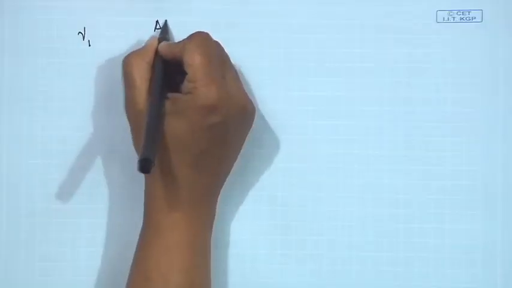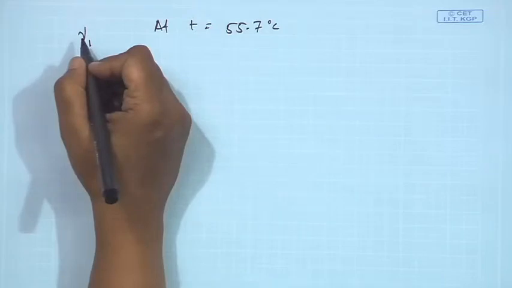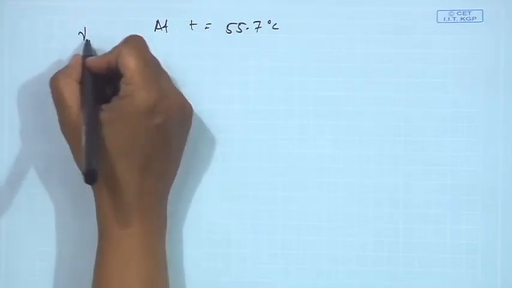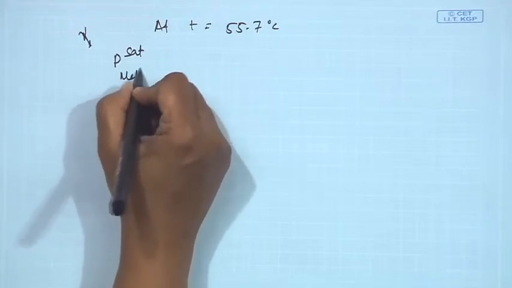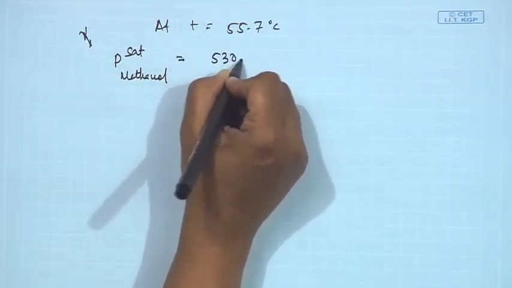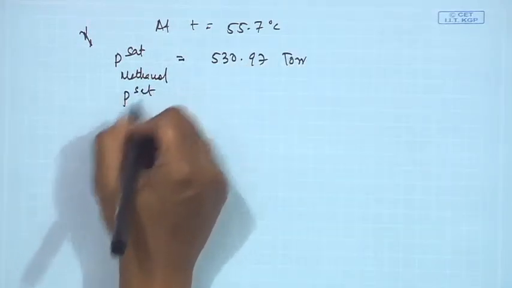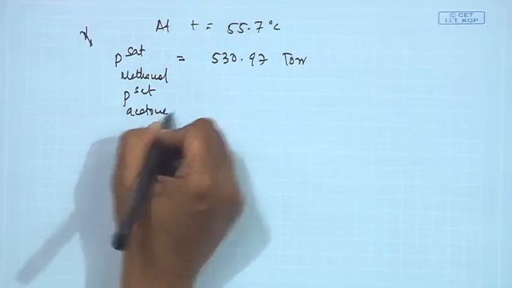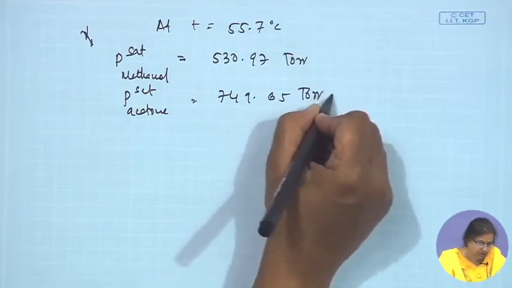So, at T equals 55.7 degrees centigrade, what is P saturated for methanol? This is equal to 530.97 torr. P saturated for acetone is 749.65 torr. Agreed.